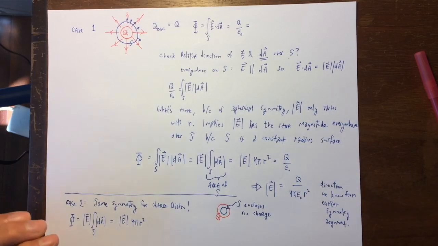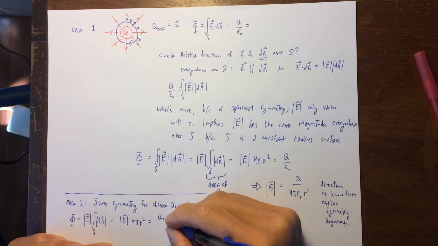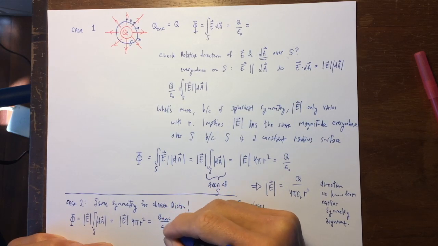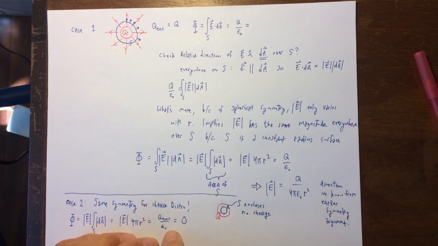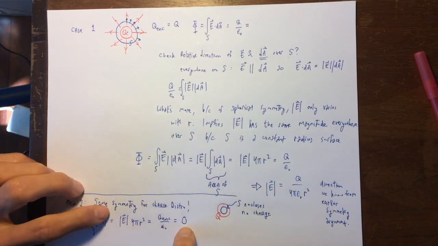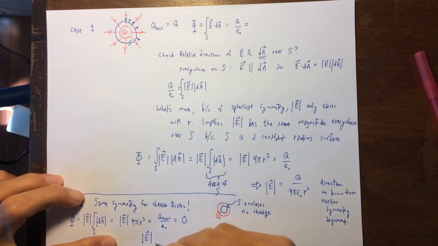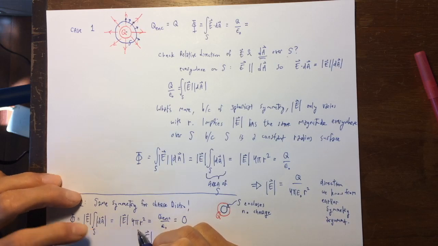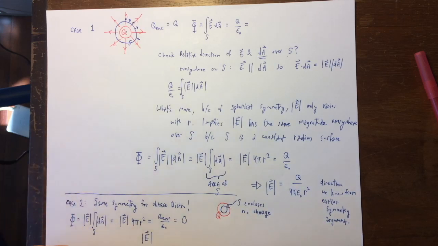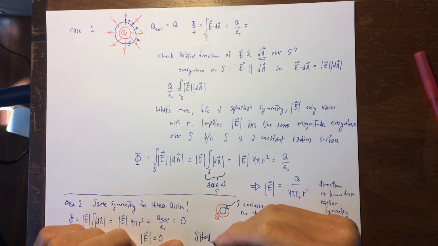So if it encloses no charge, then by Gauss's law, the flux is Q enclosed over epsilon naught, Q enclosed is 0. So when I divide by epsilon naught, I still get 0. And what this says is that the magnitude of the electric field for r values inside of the surface, you just get 0. And this is the shell theorem.